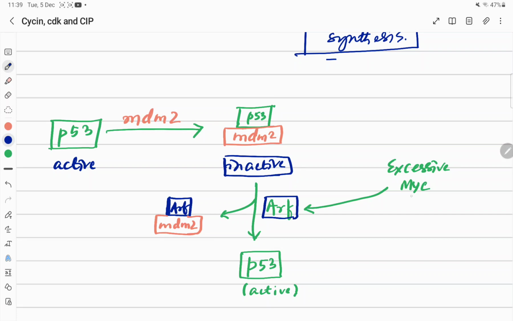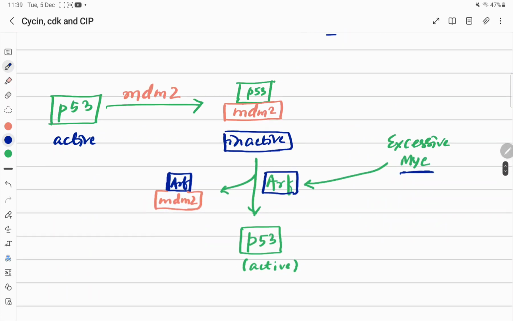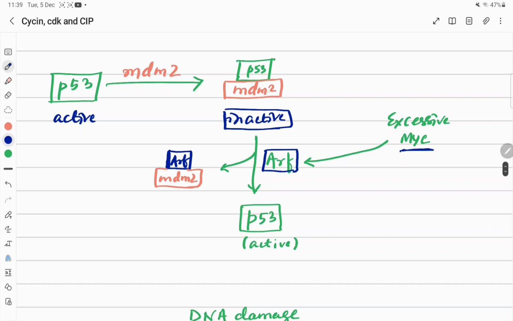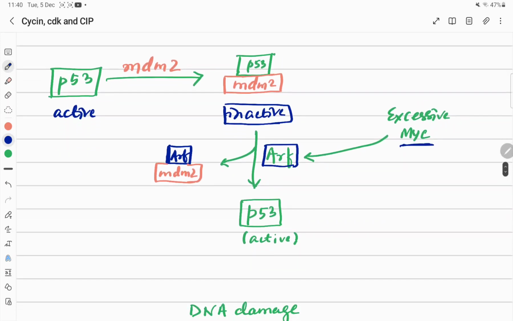Usually MYC induces the cell division, but when there is excessive MYC, that will activate another one, this ARF, which will form the complex with MDM2 and will activate P53. So you can see here P53 MDM2 complex. ARF forms complex with MDM2 and releases P53. That is, ARF phosphorylates this complex to release P53. So this one is now active. This occurs when there is excessive MYC.